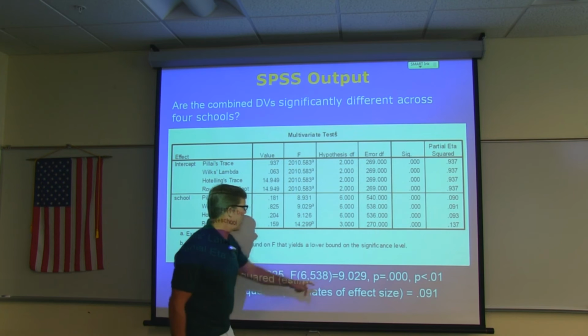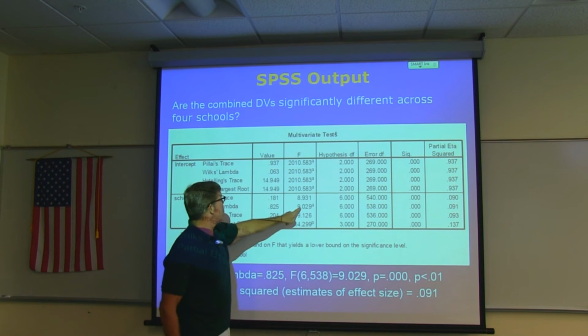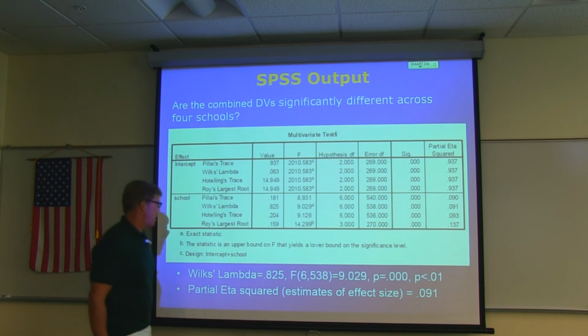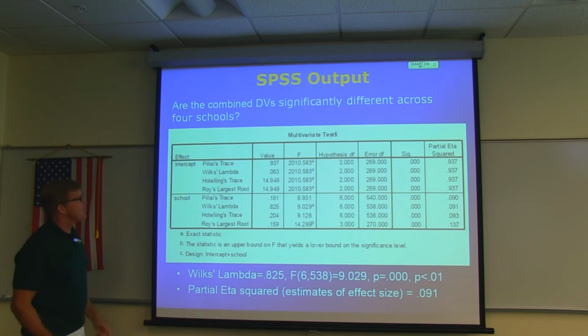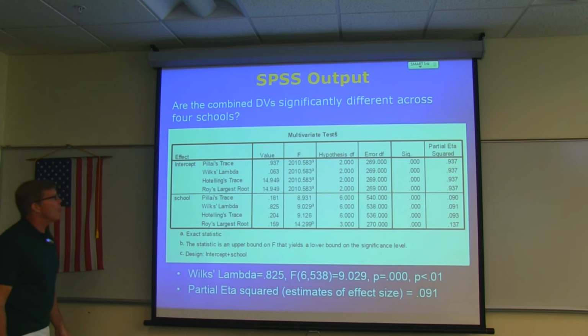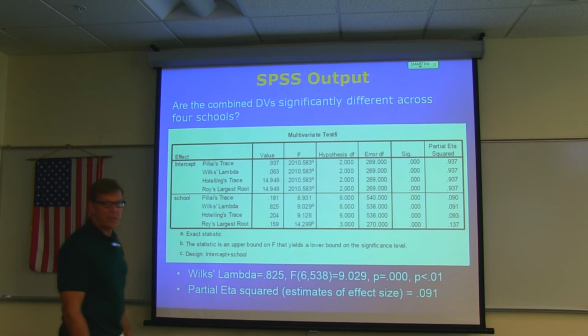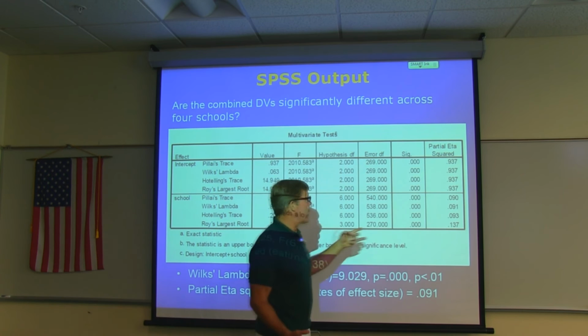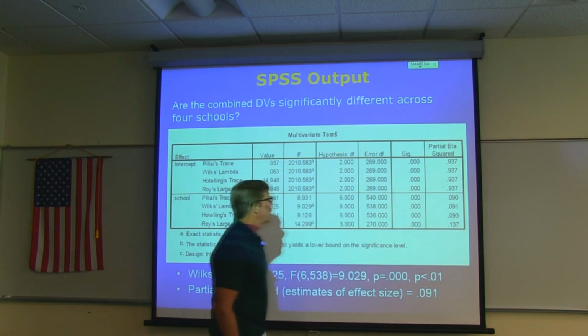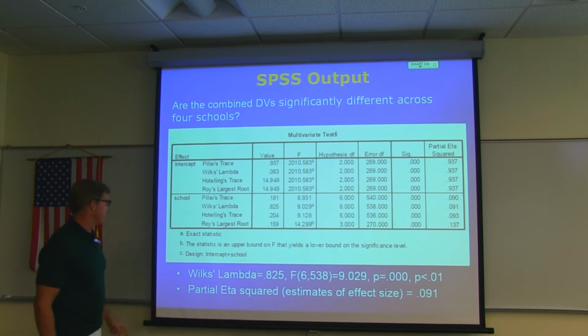So this F of 9.029 is right here, and so on and so forth. So this is typical MANOVA SPSS output. So are the combined DVs significantly different across 4 schools? Yeah, apparently so. And we would base that on these very, very low p-values.